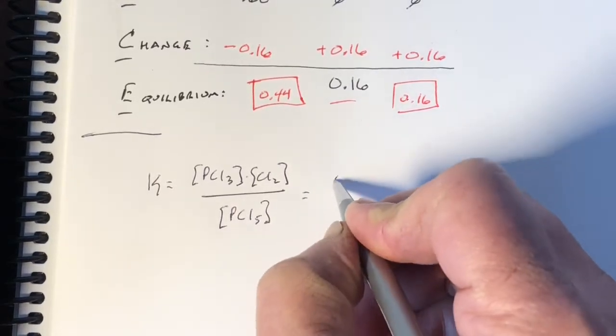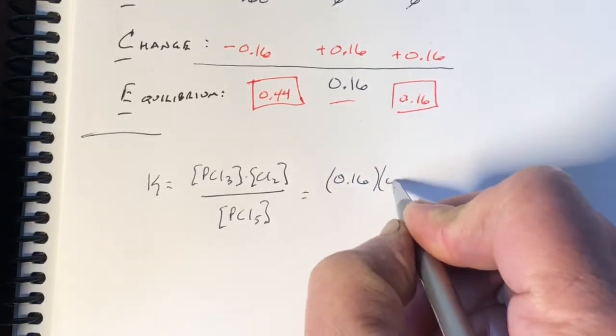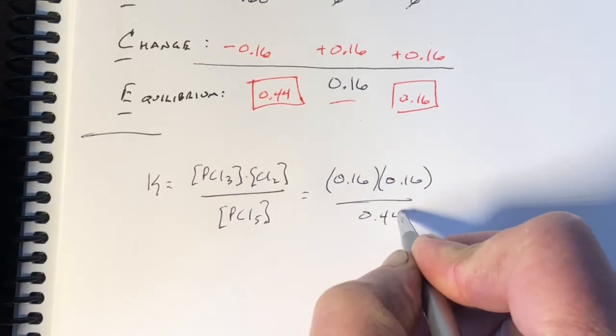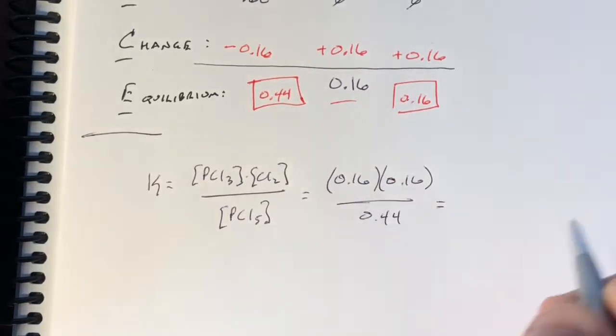Then I plug in the numbers, so it'll be 0.16 times 0.16 over 0.44. And numerically, we can work that out.